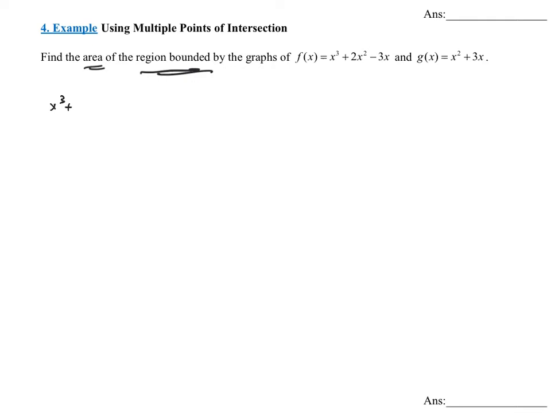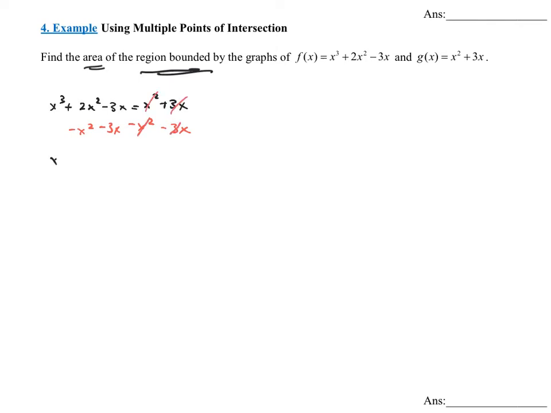So I have x cubed plus 2x squared minus 3x. I set that equal to the second function, which is x squared plus 3x. This is actually a cubic function, so we need to do some work. I'm going to subtract x squared from both sides, and I also subtract 3x from both sides, since I'm trying to set this equal to 0. When I do that, let's see what happens.